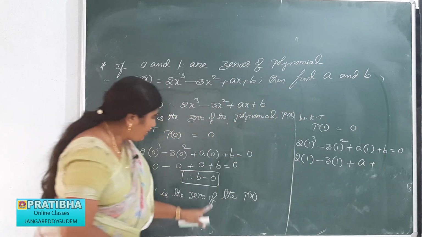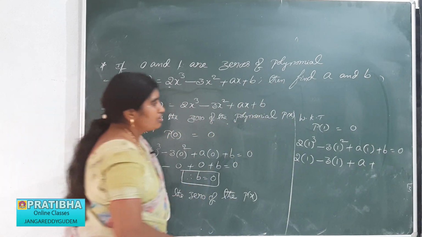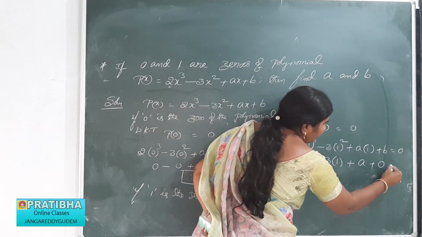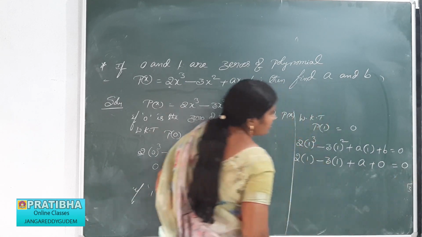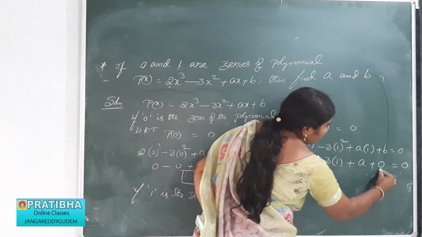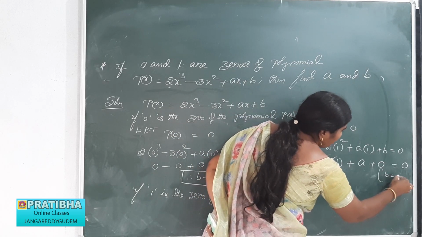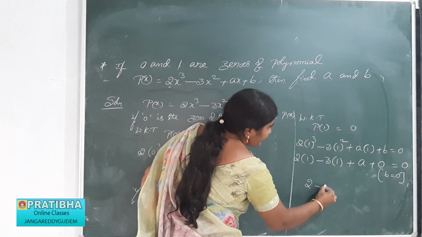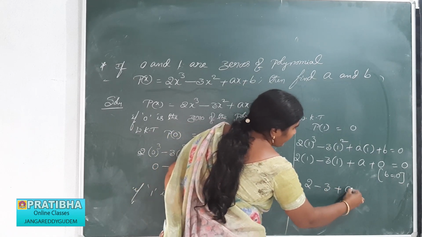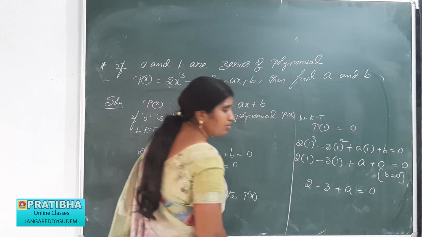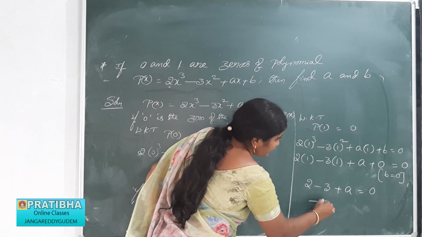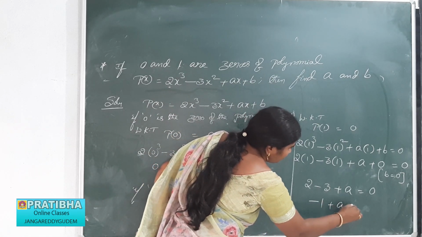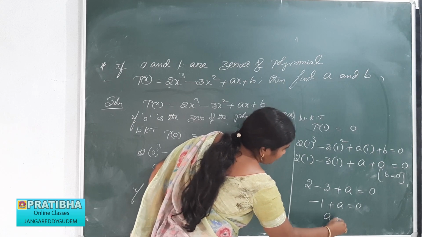Here b equal to 0. Substitute b equal to 0 in this place. 2 ones are 2 minus 3 plus a equal to 0. 2 minus 3 equal to minus 1 plus a equal to 0, then a equal to 1.